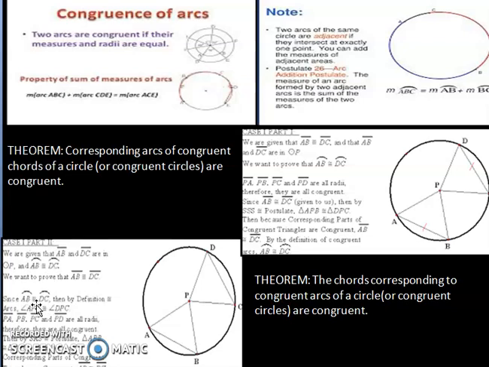If the arcs are congruent, their angle measures are equal. The radii AP is congruent to PD and PB is congruent to PC. So by the SAS test, these two triangles are congruent. Then corresponding parts of congruent triangles are congruent, so the chords are congruent. Hence it is proved.